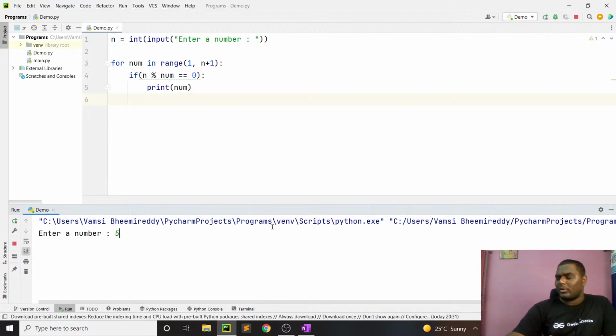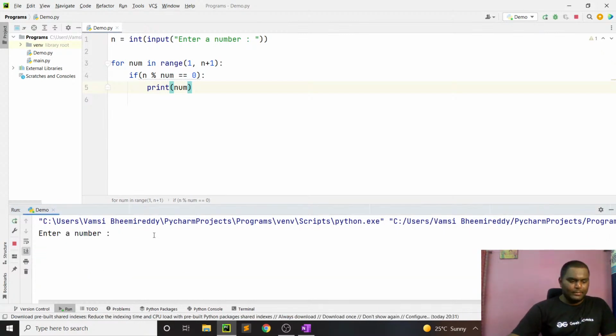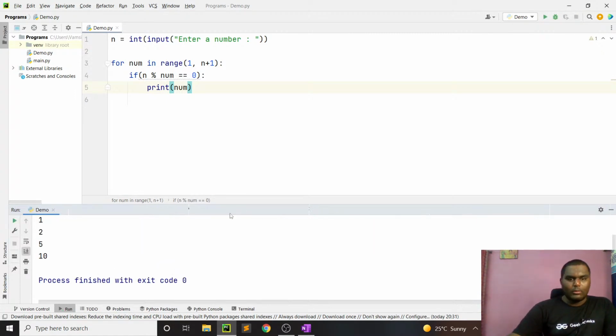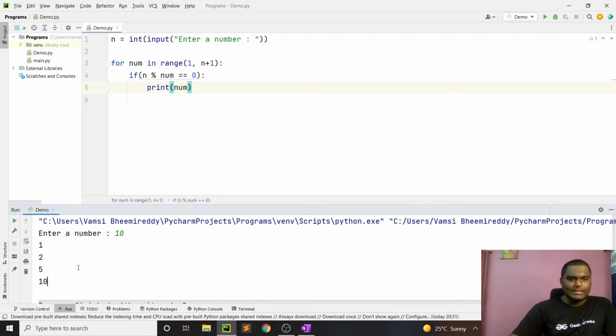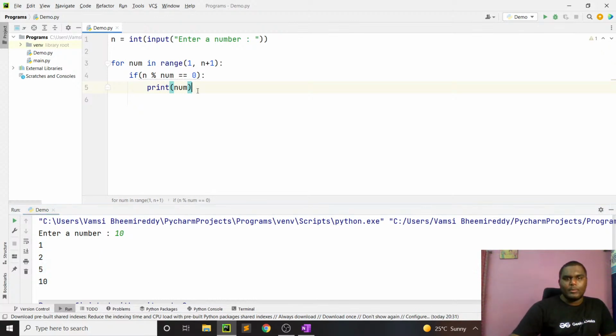Now if I give 10, which is not a prime number, you will get more than 2. Can I say it's 1, 2, 5, 10? Yes. Like this you will be solving your problem. Yes or no? Let me know in the chat window.